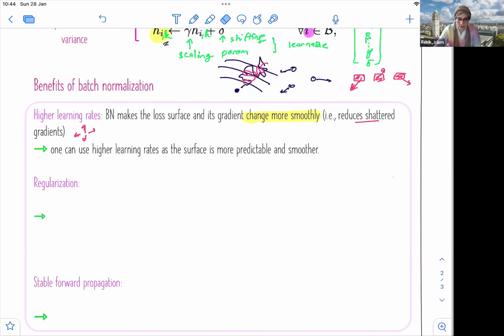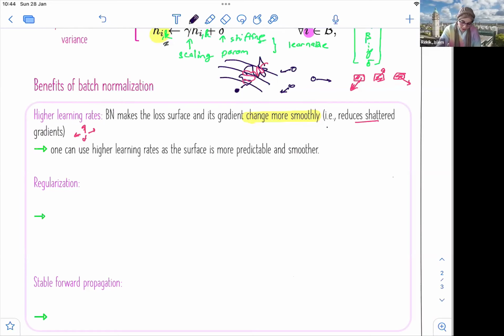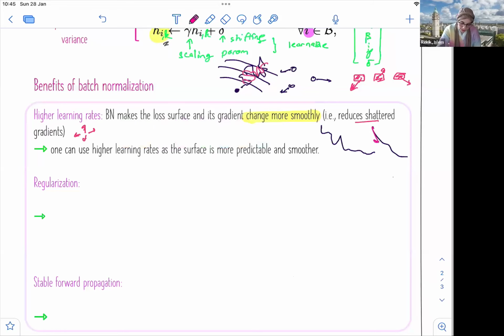If you smooth the function, if your loss function looks smoother, then you can increase the learning rate. You can make big jumps.